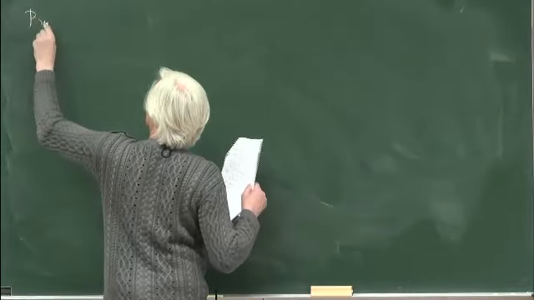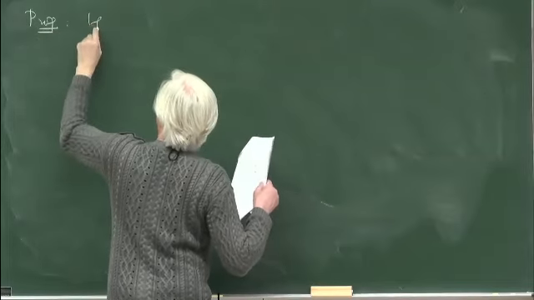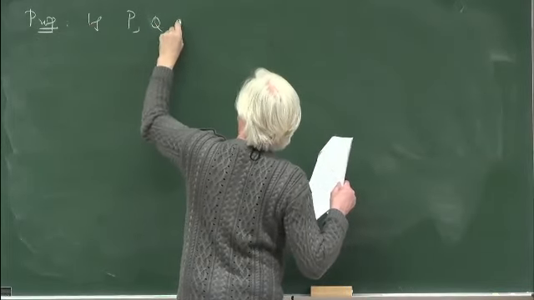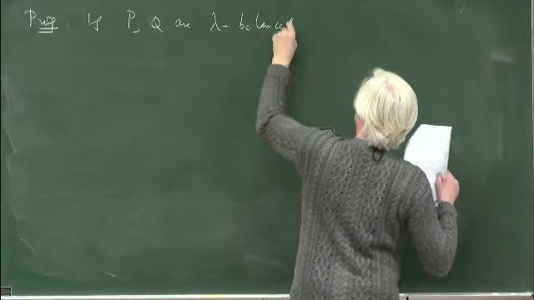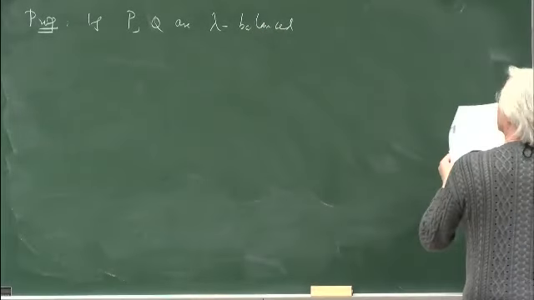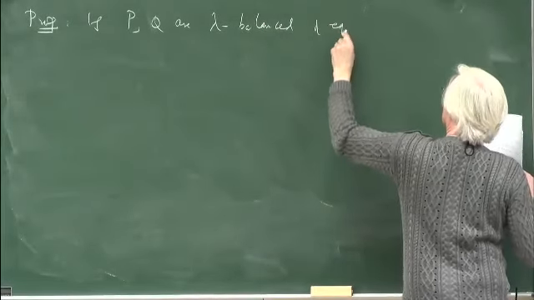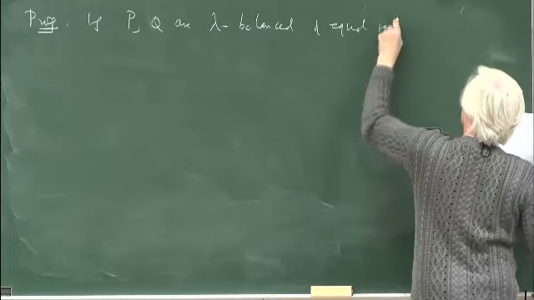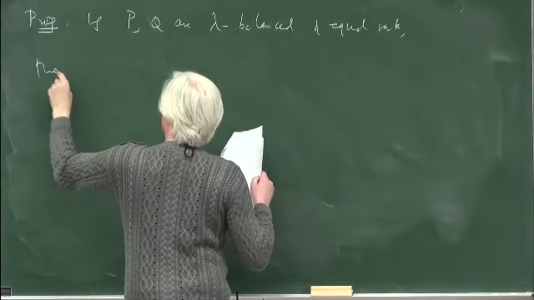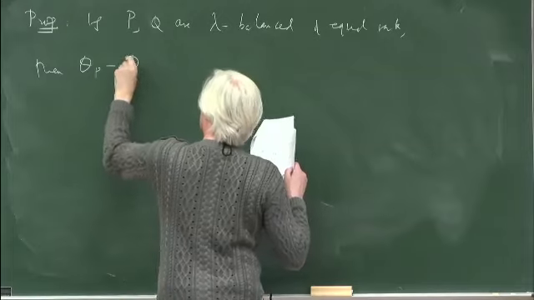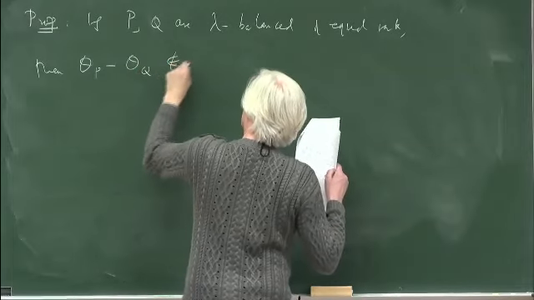Proposition: if P and Q are both lambda balanced for the same lambda and of equal rank, then the difference is not in the ideal.